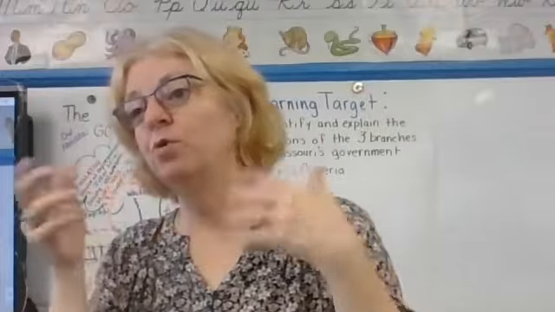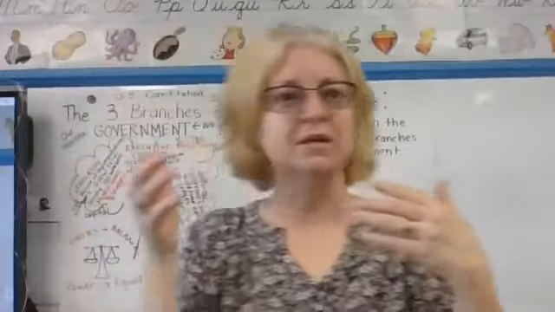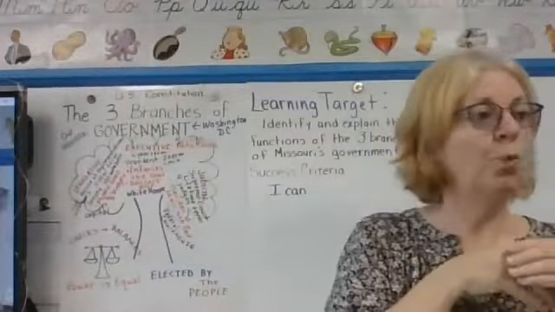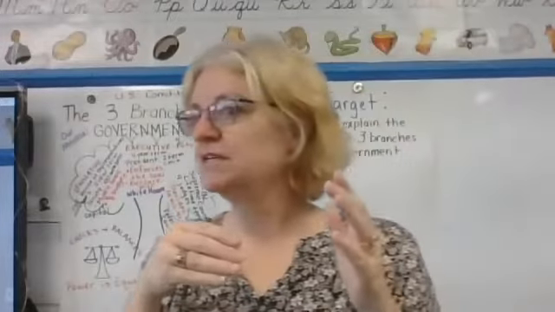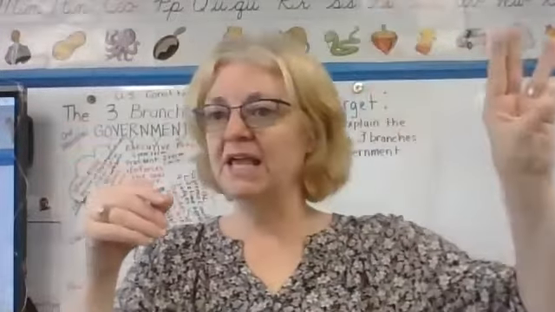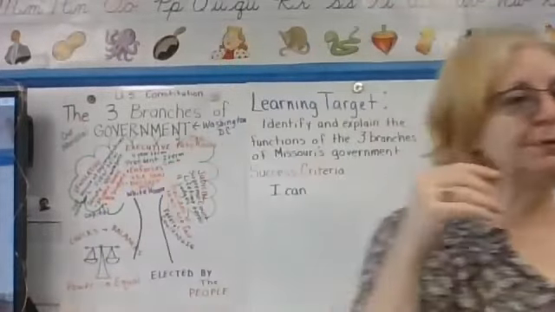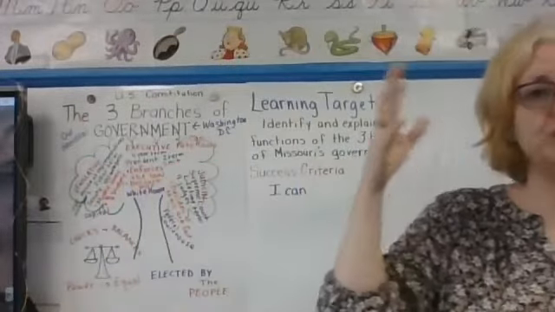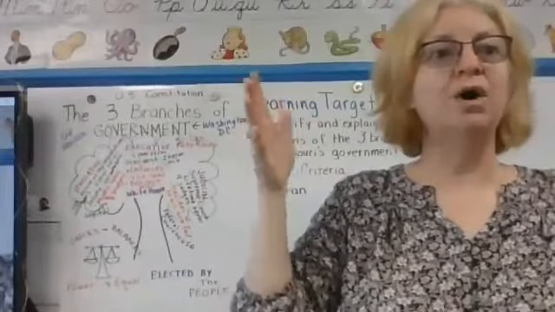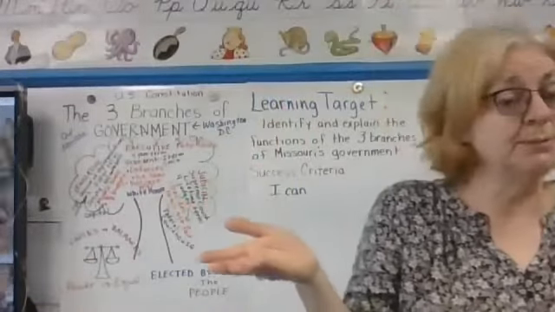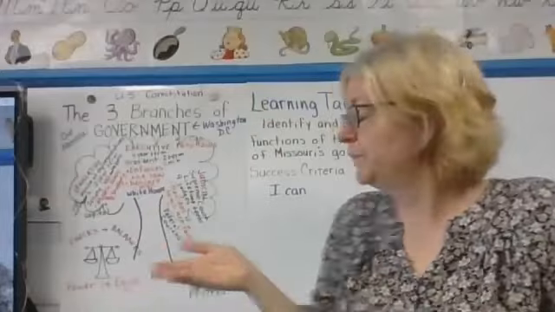That kind of goes with identify a little bit. Yes. What it actually does. So we have to name the 3 branches, and we have to explain some things about them that shows that we know what the branches are responsible for, what they do.